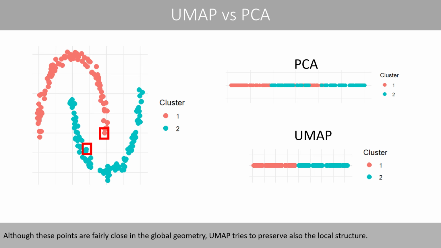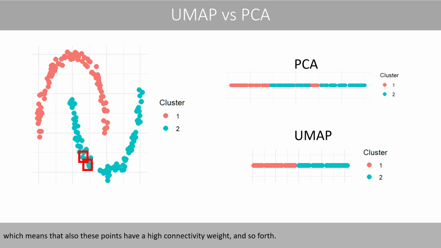Although these points are fairly close in the global geometry, UMAP tries to preserve also the local structure. Close points are assigned a high connectivity weight, indicating a strong likelihood of being neighbors, which means that also these points have a high connectivity weight and so forth.